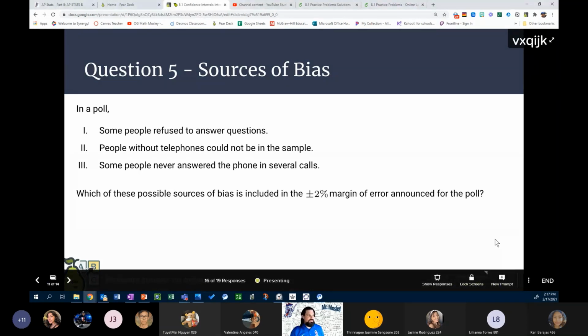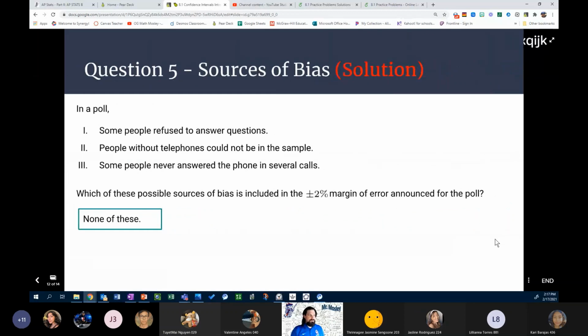All right. And here's our response. None of these. All three of those are forms of bias that are not due to chance. They're forms of response bias and not sampling bias, right? The plus or minus 2% margin of error can only account for bias that occurs by chance, just happened to occur, right?